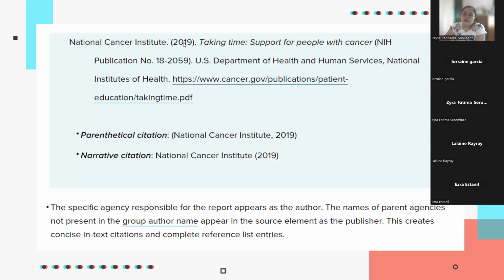And then year of publication, and then in italics, the title of the article. And then meron silang additional information, parang sub-agency after the National Cancer Institute. Ito talaga yung nag-post, pero the whole thing is under the National Cancer Institute.